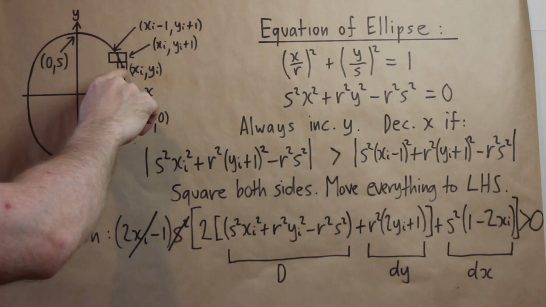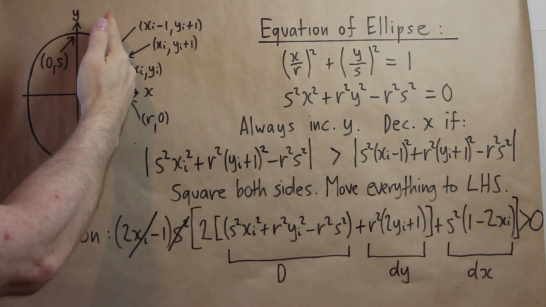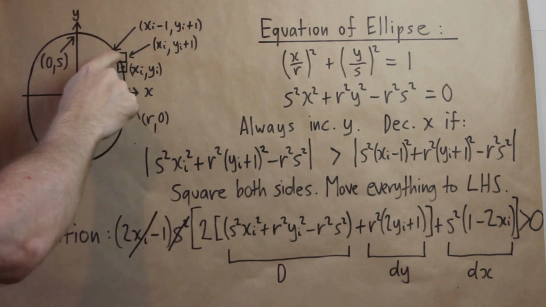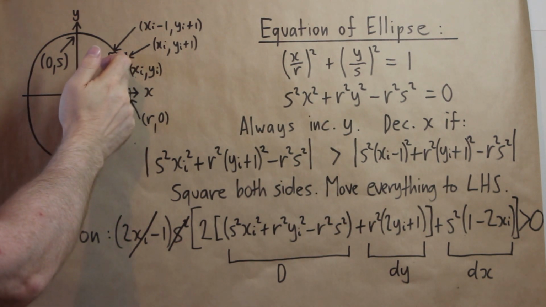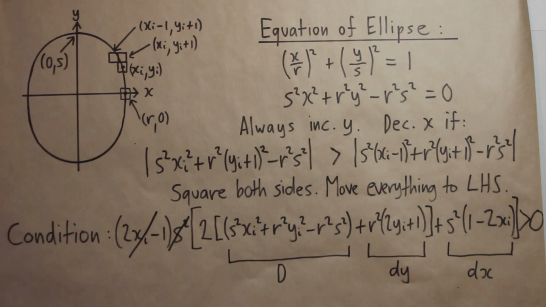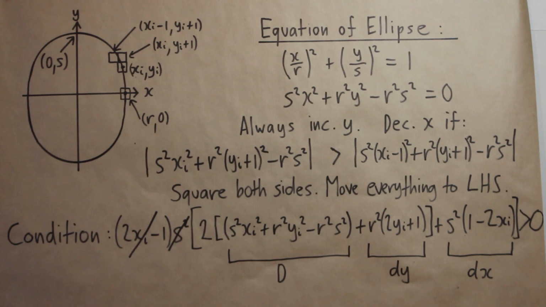For example, if we've just plotted the point xi, yi here, because the ellipse initially starts going up and to the left, there are only 2 pixels that we could choose for the next one, either the one directly above it or above and to the left. Our job is to plug in the coordinates of those pixels and find the value which is closest to 0.